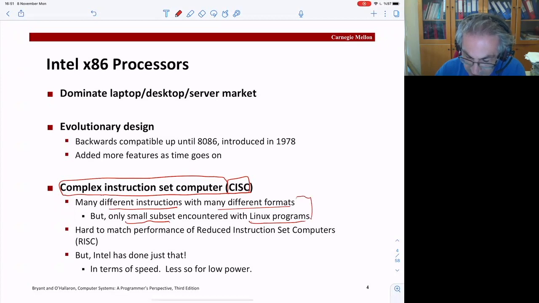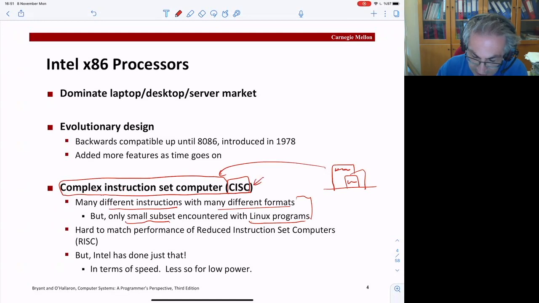You can see that the instructions we have here are more complex than the ones here, and the format is also different. That's why we call this the complex instruction set computer, or CISC, approach.